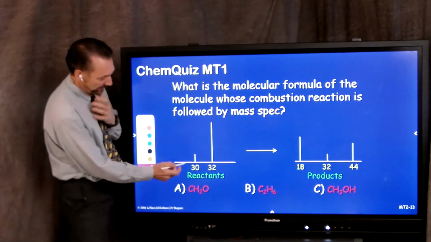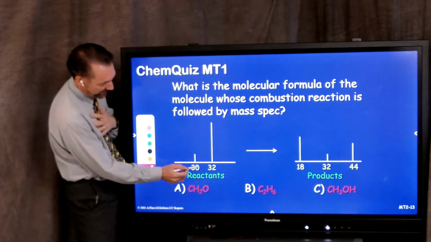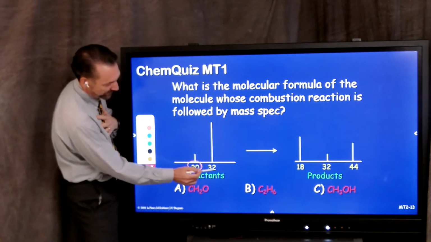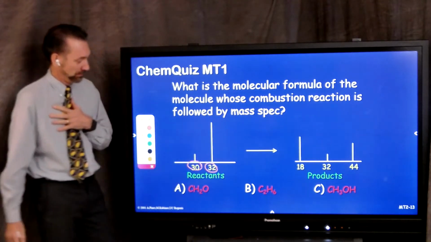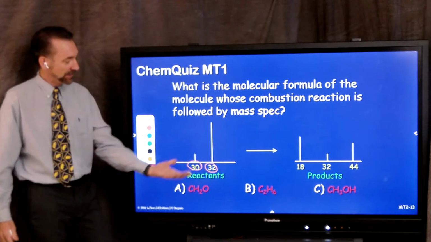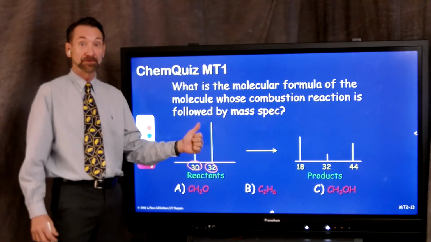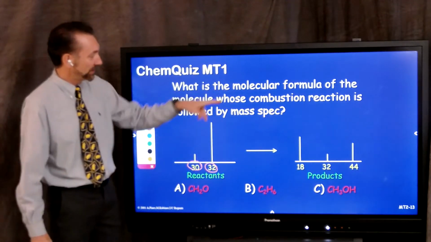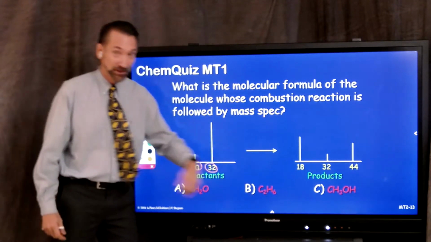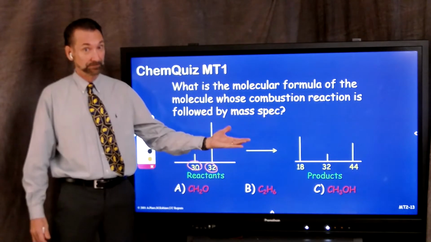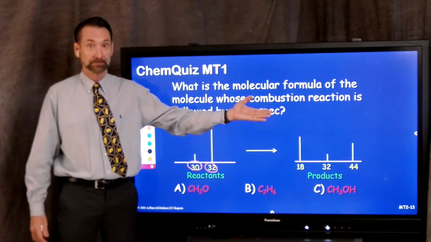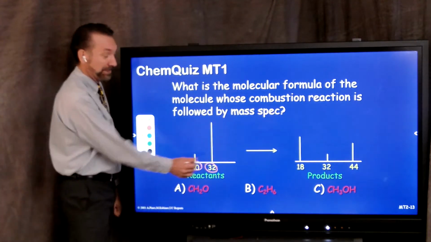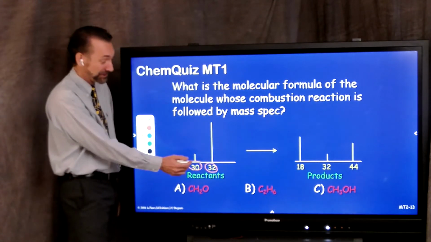So in the reactants, there's a peak at 30 and a peak at 32. So in the reactant mixture, there's molecules of mass 30 and molecules of mass 32. The reaction mixture is one of these molecules and oxygen. It's a combustion. So one of these is probably oxygen.